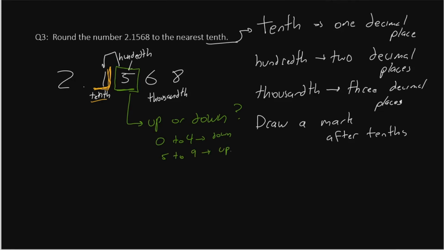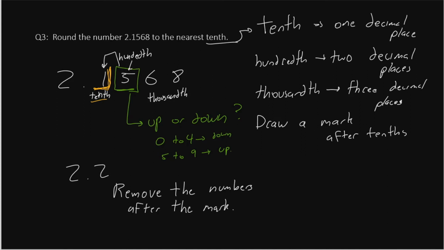So we no longer say 2.1, we now say 2.2, and you can remove all the numbers after the mark. So that's different from the big numbers. With the big numbers, we added in zeros, but in this case, we can just cut it off and say 2.2 and not have to write anything after.